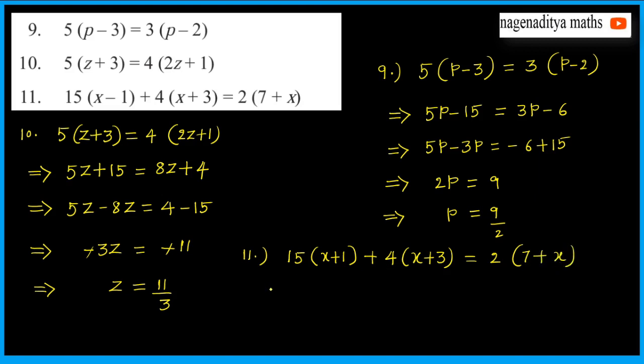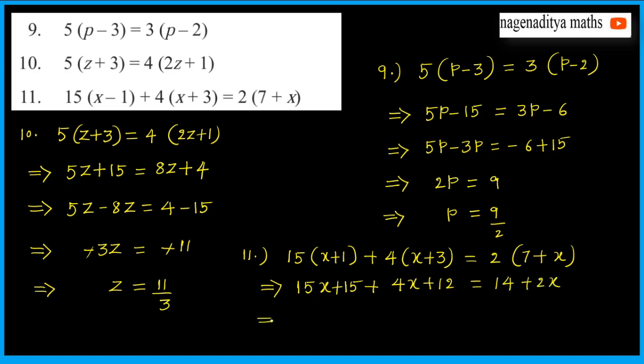Okay, so this implies 15 into x, 15x, plus 15, plus 4 into x, 4x, 4 3s are 12, is equal to 7 2s are 14 plus 2x.